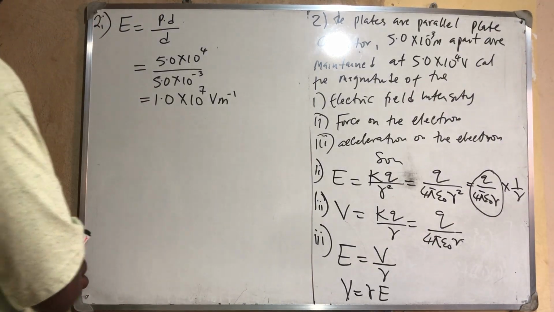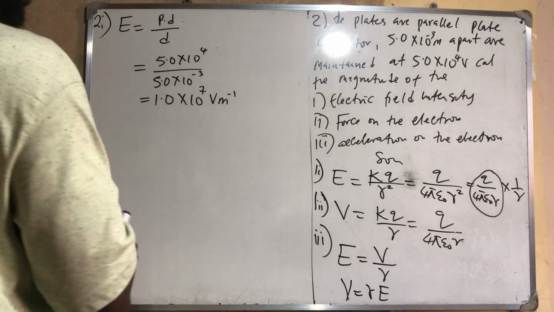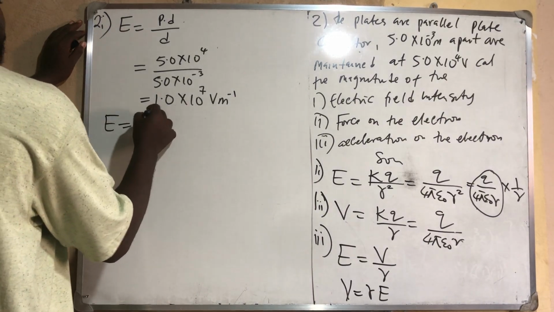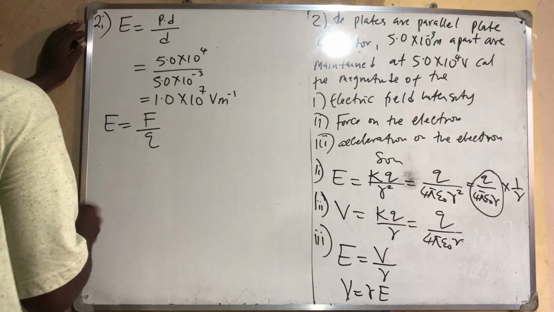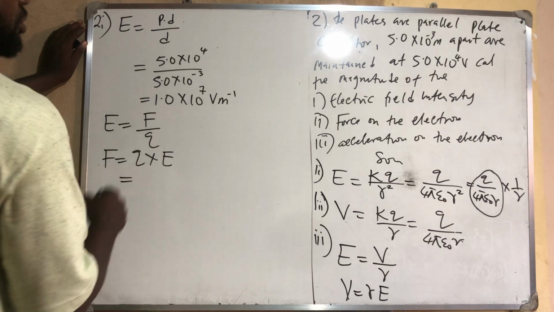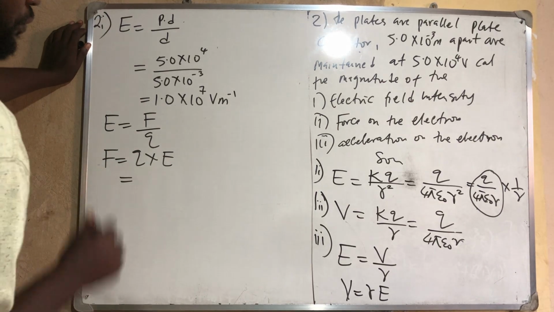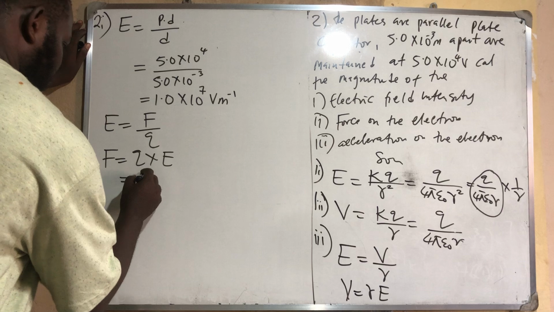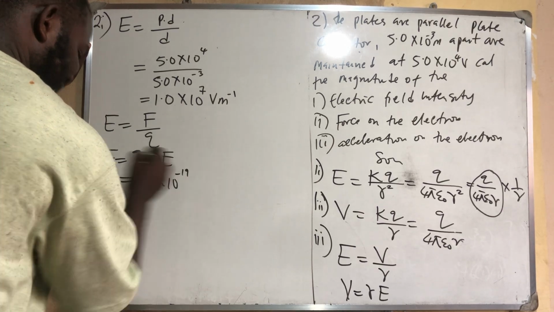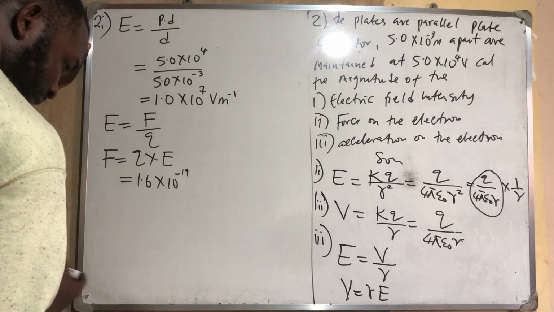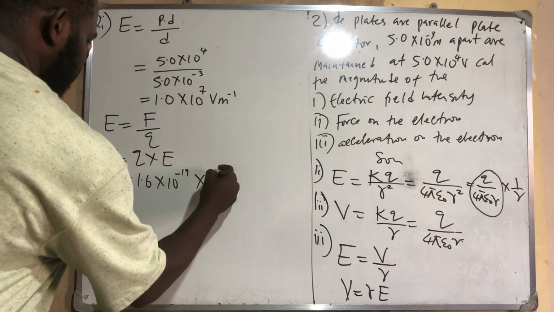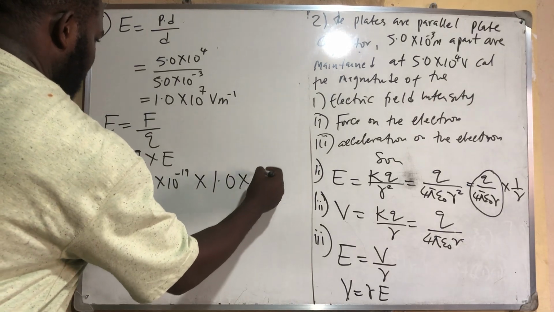The next thing they say we should calculate is the force on the electron. I know that my E is force per unit charge, so my force will be charge times E. The charge of an electron is 1.6 times 10 raised to power minus 19, times my E, which is 1.0 times 10 raised to power 7.